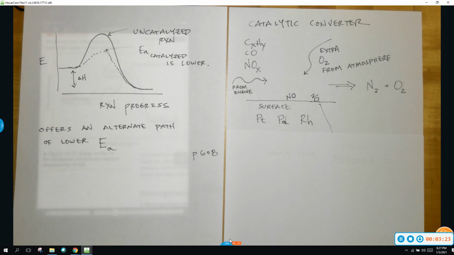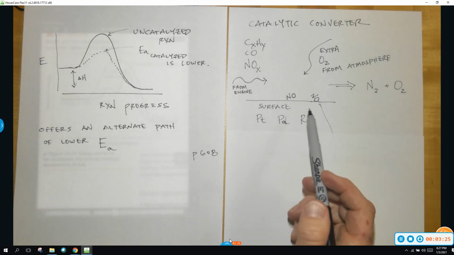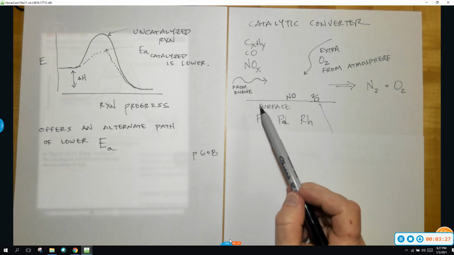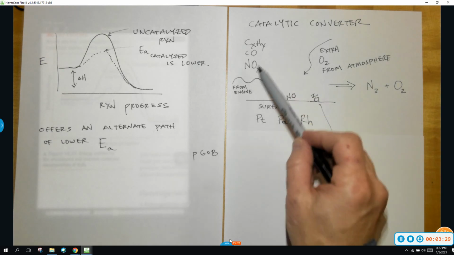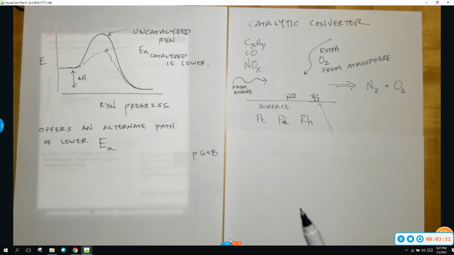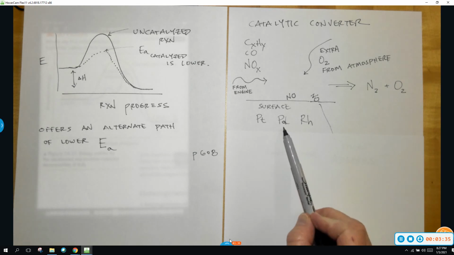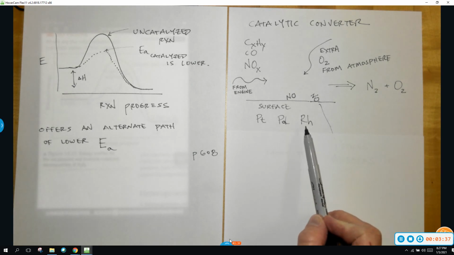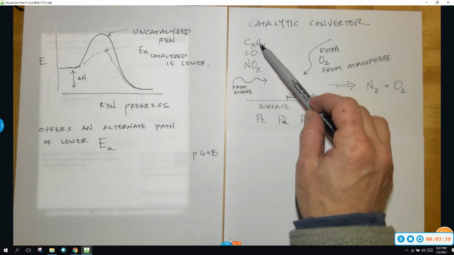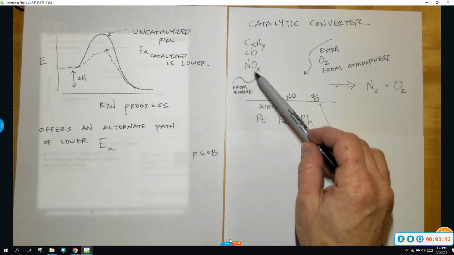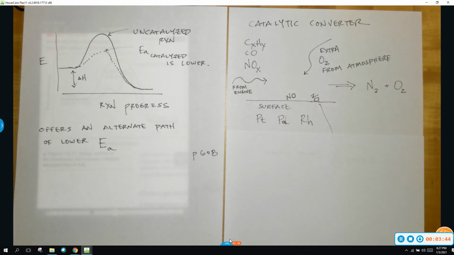It has some unreacted hydrocarbons, CxHy. And it puts them across a surface, and the surface is heterogeneous, obviously, because these are gases. They're really hot. And this surface is made of a precious metal like platinum, palladium, or rhodium. It allows these chemicals that we don't really like to adsorb, to stick to this surface.